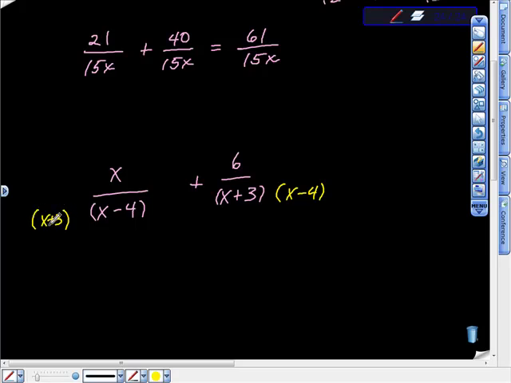Our denominator would be x plus 3 times x minus 4, and the denominator here would be x plus 3 times x minus 4. That would be the same, right? So all we're going to do to make that possible is say x plus 3 over x plus 3, right? Because x plus 3 over x plus 3 is just 1, isn't it? And here, yes, right, exactly the same thing, right? X minus 4 over x minus 4 is just multiplication by 1, isn't it?